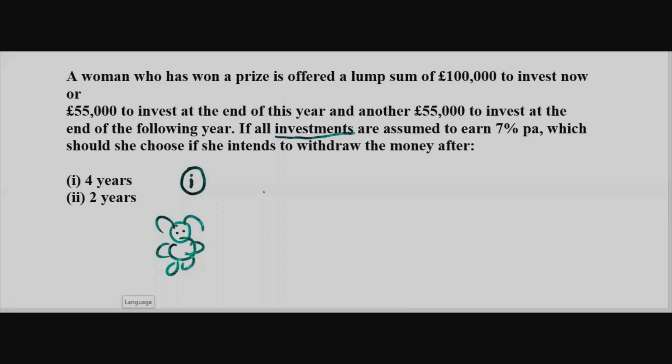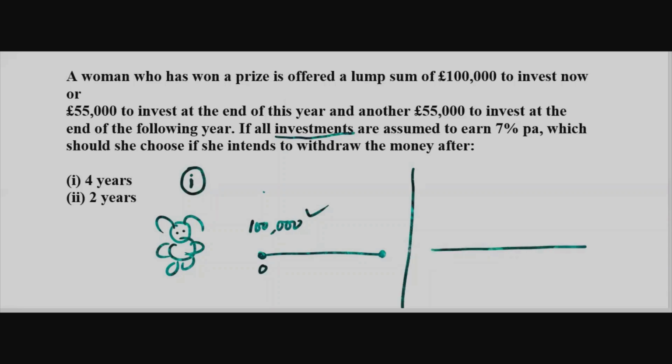Okay. So she won a prize. Now she's offered two things. One is 100,000. This is one option. The other option is 55,000 to invest at the end of this year. So either you get a lump sum, which means once, all at one time, or the other alternative is 55,000 to invest at the end of this year.